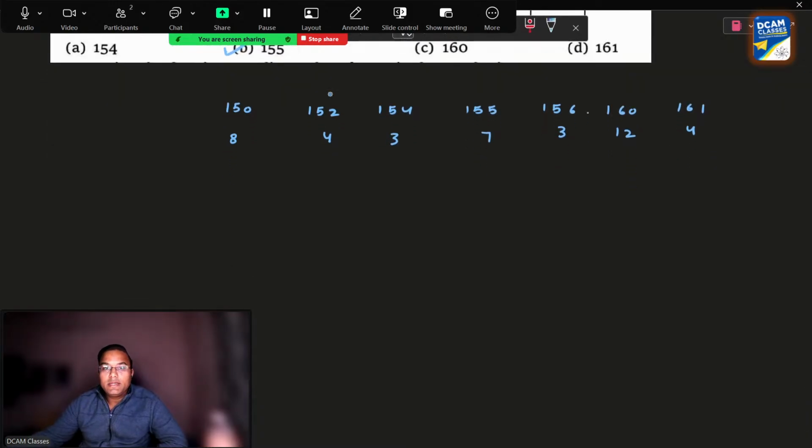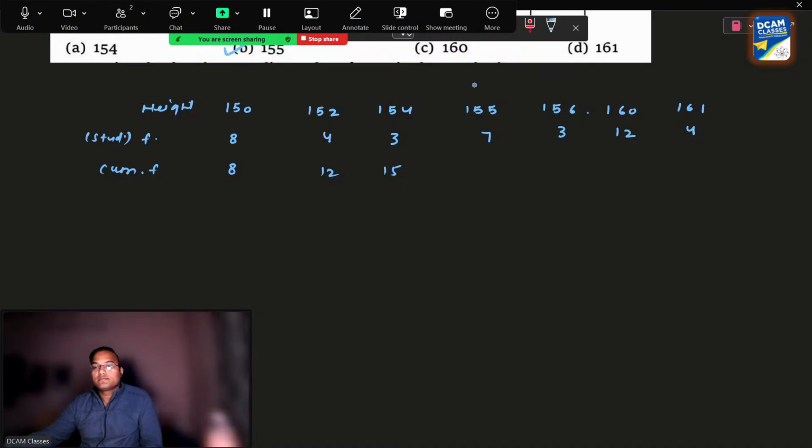Cumulative frequency will be 8, 8 plus 4, 12, 15, then 22, then 25, 12, 37, plus 4, 41.